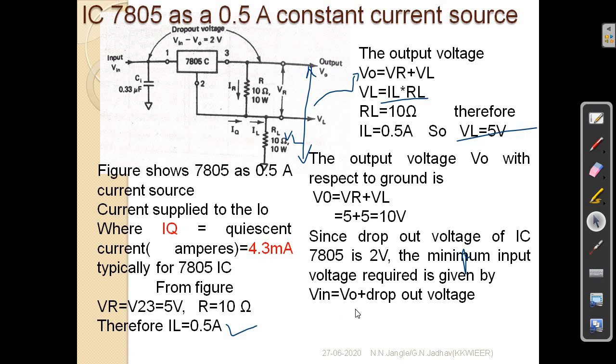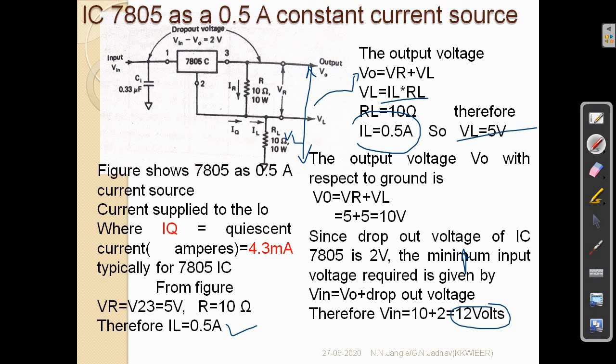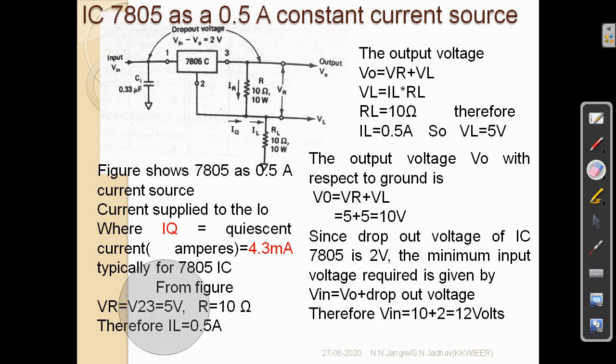Vin is equal to V0 plus the dropout voltage. That is, we require 12 volts input voltage to get the 0.5 ampere load current. In this way we have designed a 0.5 ampere constant current source using IC7805. In this way you can design various constant current sources by using IC7805.